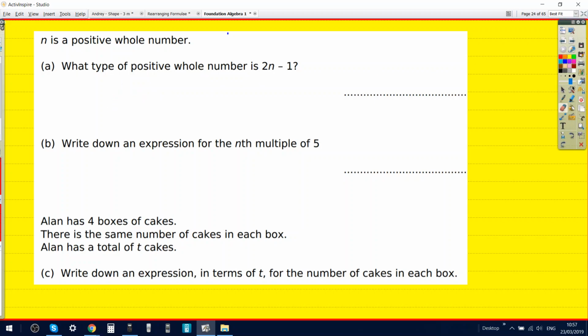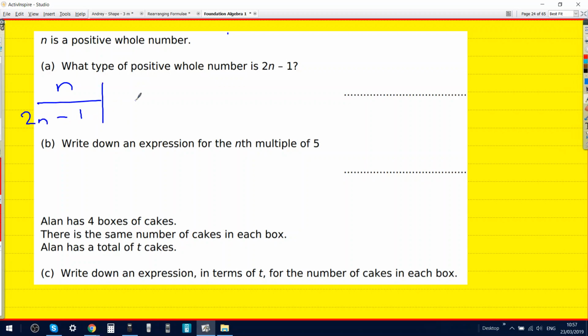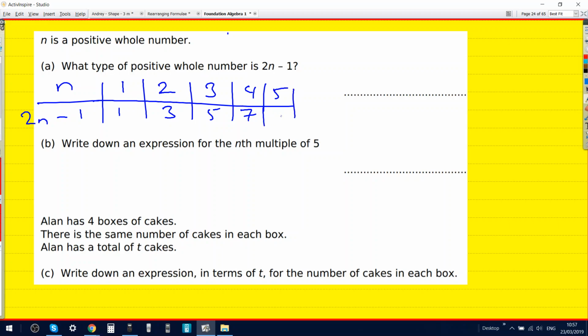When n is 1, what do you get? 1. When n is 2, you said you got 3. When n is 3? 5. Keep going. 7. 9. What type of numbers are you getting? Up in 2s. What type of numbers are they?